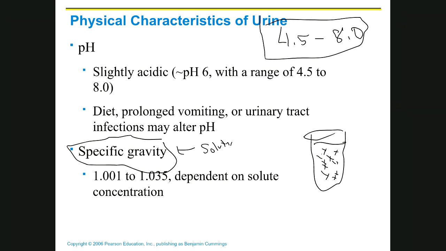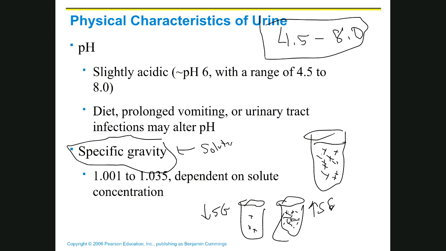So if you look at, say, fresh water versus, say, ocean water, fresh water has a little bit of solutes in it, but ocean water has a ton of solutes in it. That's why it tastes salty and all that. So this one has a much higher specific gravity than this one does. So the more solute that's in the urine, the higher the specific gravity.